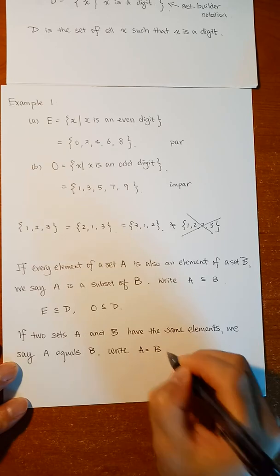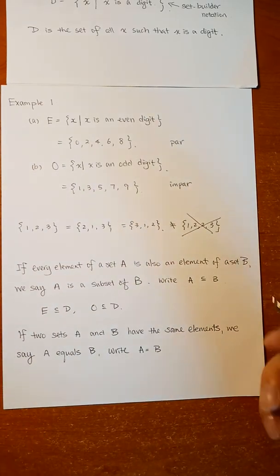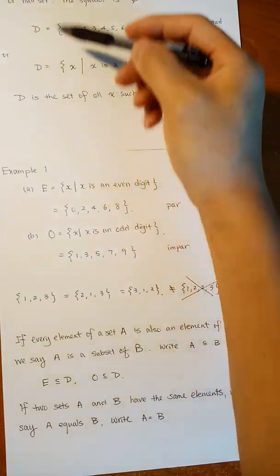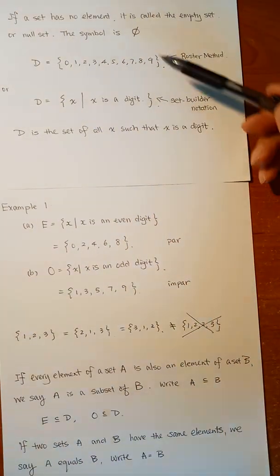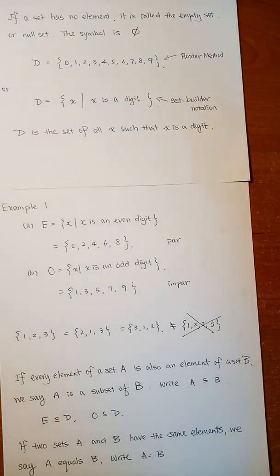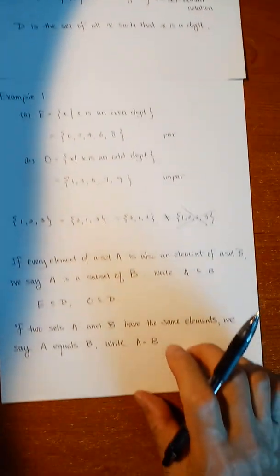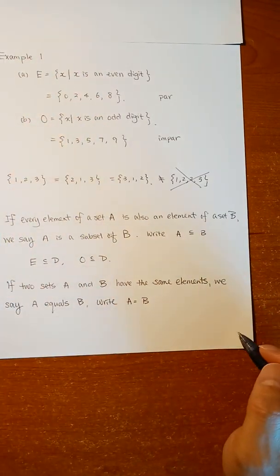A equals B. So if we call this set A, this set B, then A is equal to B. If we call this set A, this set B, then they are equal to each other, right? Yeah. Okay.